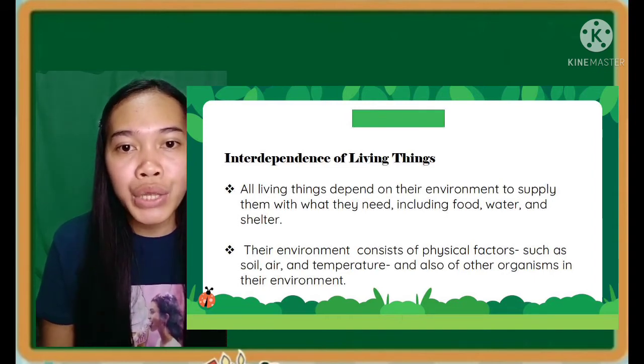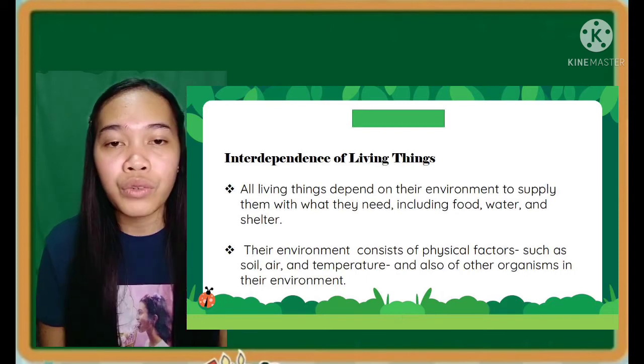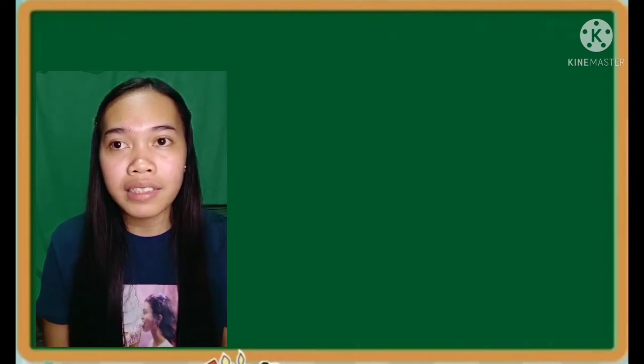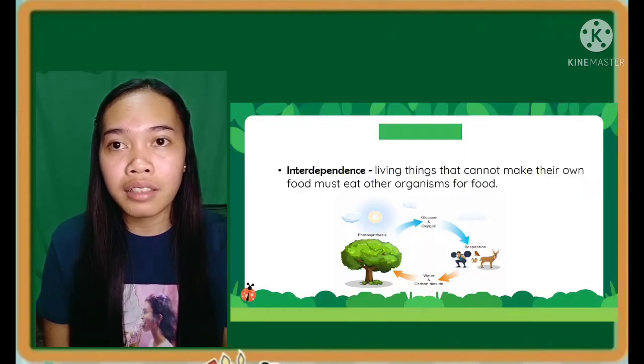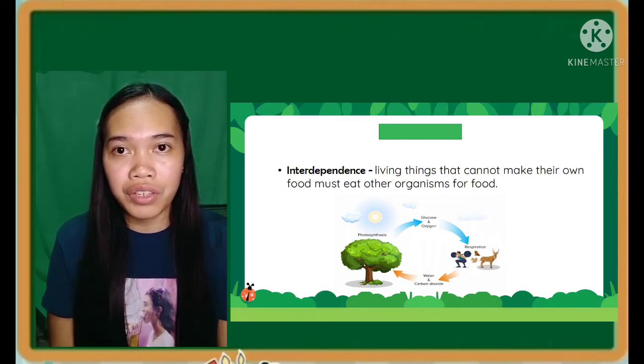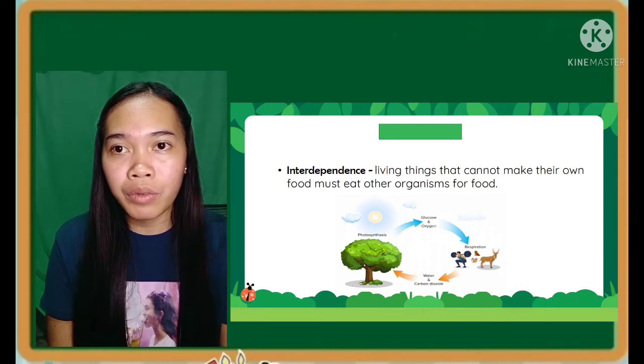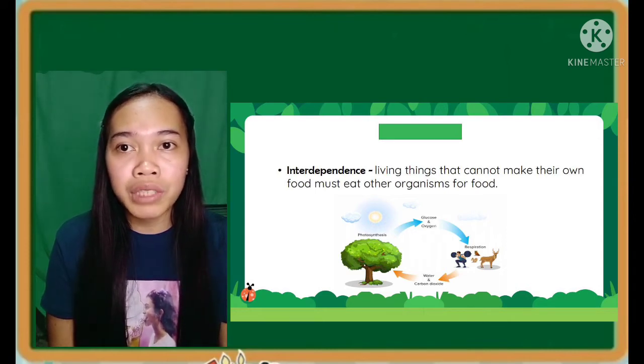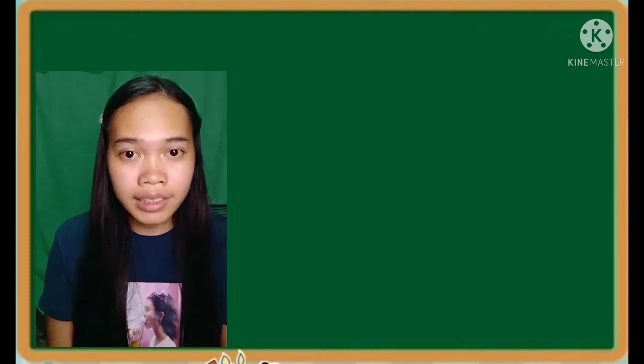So from the word interdependence, they are not dependent on their own. An example of interdependence is living things that cannot make their own food must eat other organisms for food. Other interactions between living things include symbiotic relationships and competition for resources.